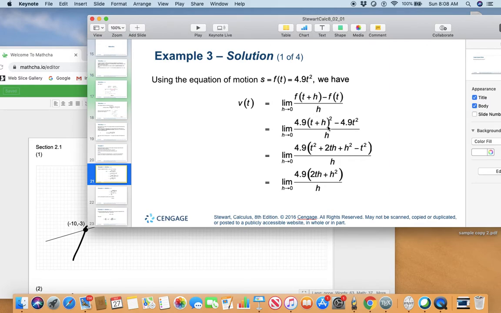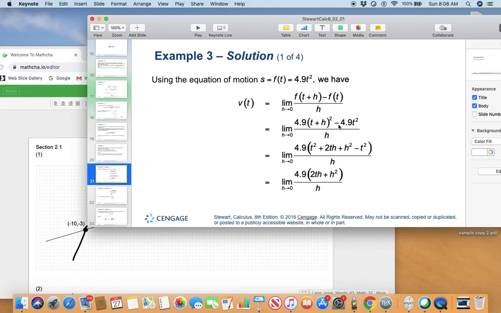Remember the parentheses, because you don't want to only square t or square h. You want to square t plus h. 4.9 times (t plus h) squared minus f(t), which is 4.9 t squared. When you open this out, you get t squared plus 2th plus h squared.